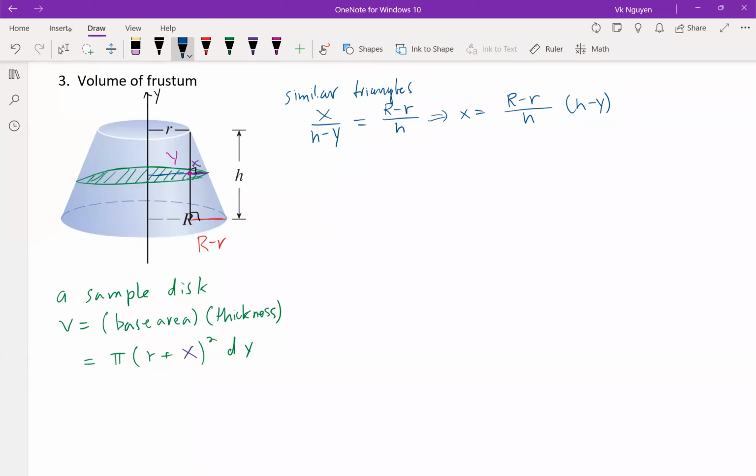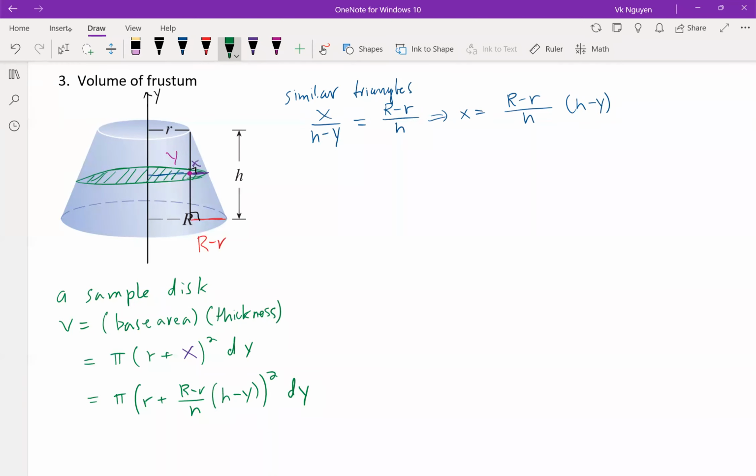Yay, plug it in. And we have pi times r plus the bigger radius minus the smaller radius over h times h minus y, square, dy.